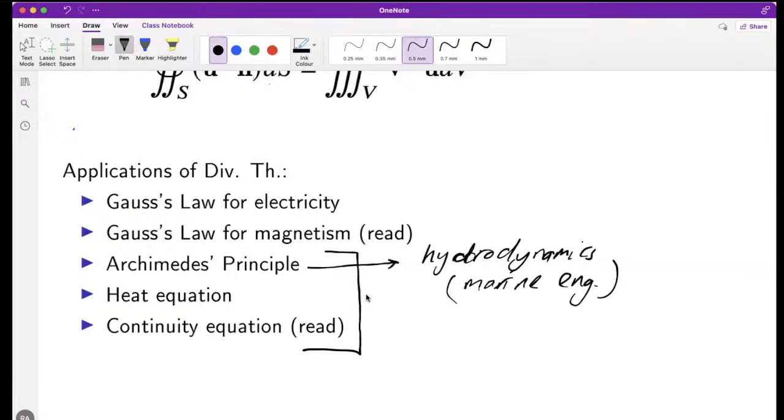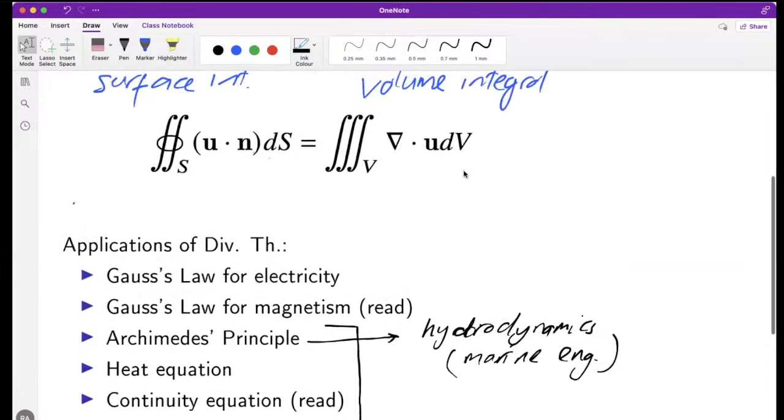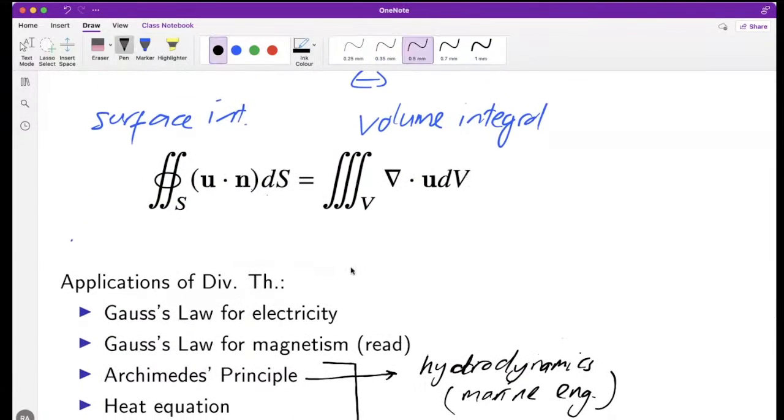I would say that if you look at all, in fact, five of these applications, it's about conservation, we can apply the divergence theorem here because of conservation laws.